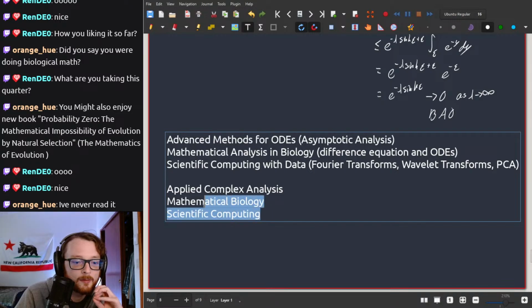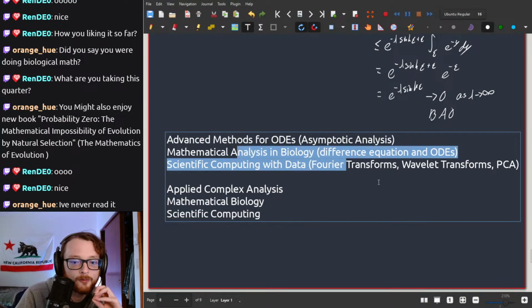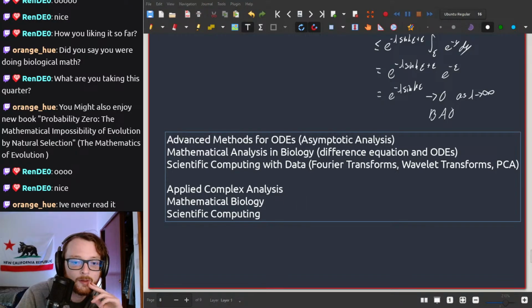These two classes have been so similar to these two classes that I felt a little repetitive. The scientific computing class actually is a lot different, but I still wish there was more variety in classes, I guess.